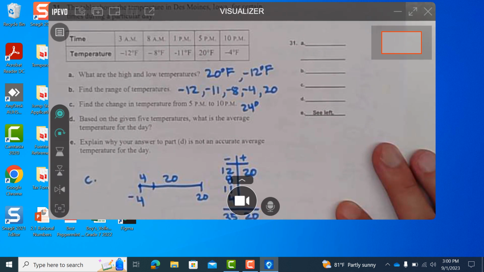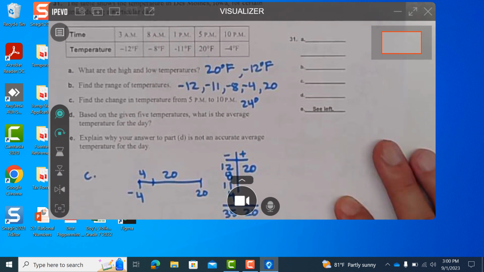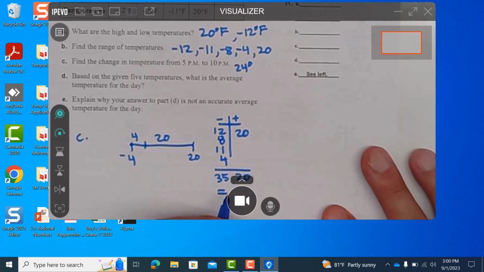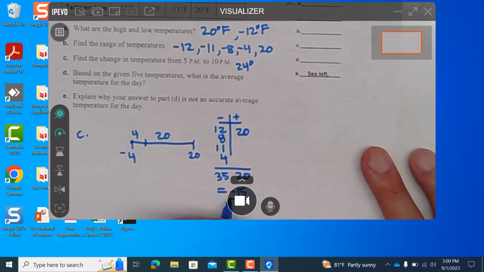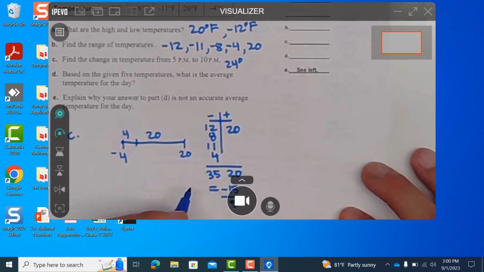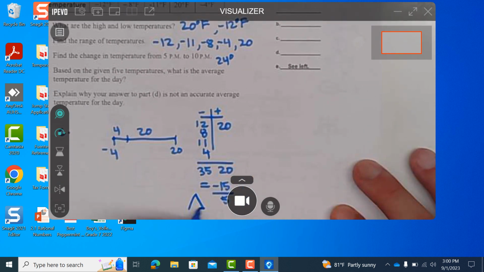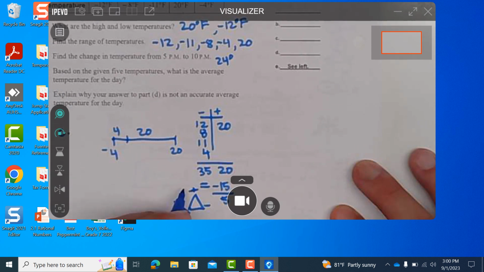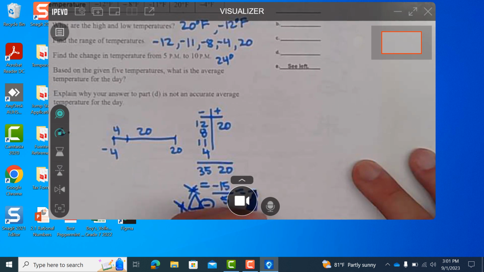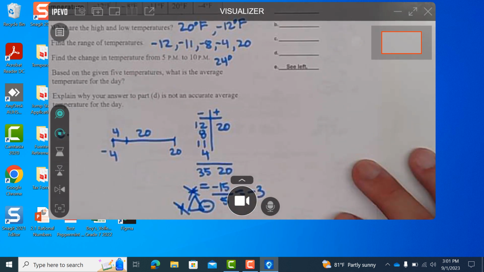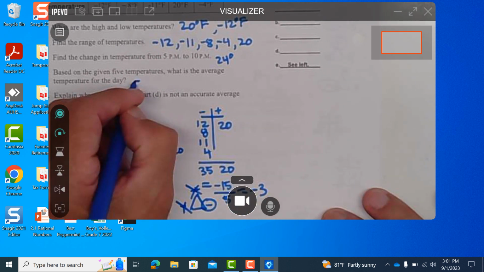So that answer will be 35 take away 20. That answer will be negative 15. Negative 15 divided by 5 numbers is a triangle problem. 15 is negative, 5 is positive, so the answer is negative. And it looks like 5 into 15 is 3, so the average will be negative 3 degrees.